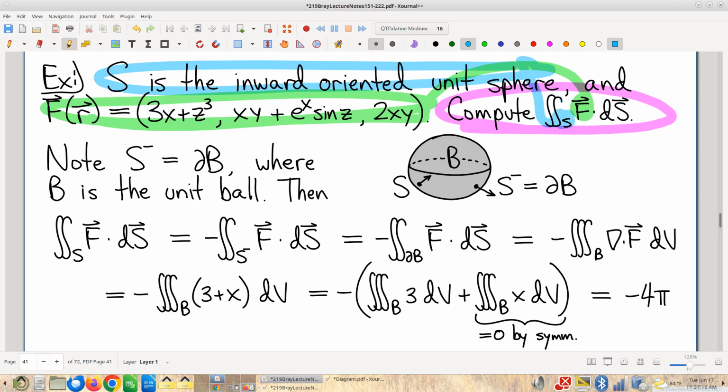Now, for the record, we do have plug and chug tools for computing flux. Parameterize the surface, pull back, use the stretching factor, totally do that. I really, really don't want to. It'd be a nightmare. Let's just take a moment to recognize what a nightmare that would be. Think about it.